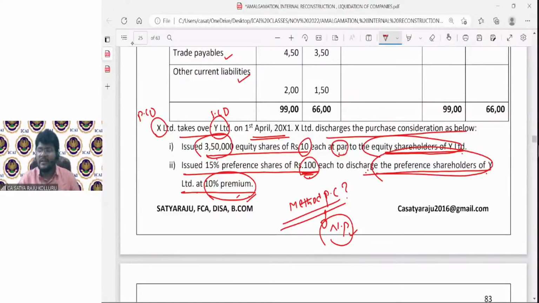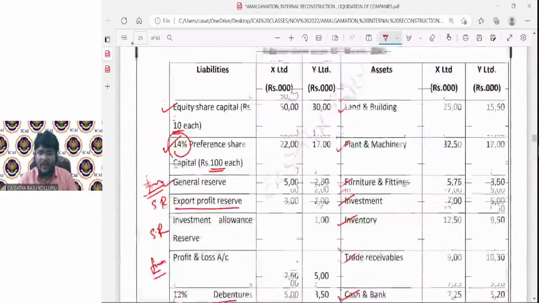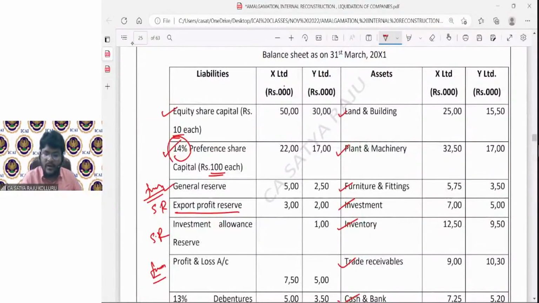Sir, discharging at 10% premium means, go to the selling company's balance sheet, where preference share capital is 22 lakhs. If you are discharging with 10% premium, you are going to settle at 110%. Now 22 lakhs into 110% means how much?